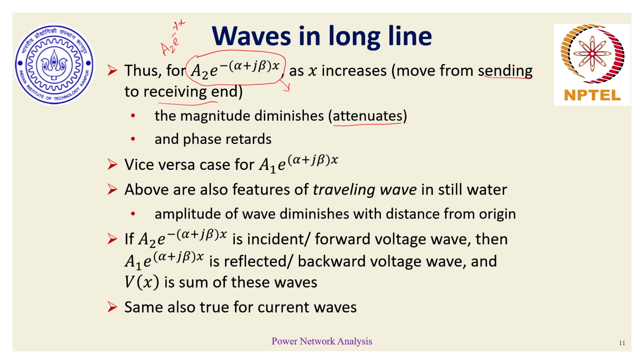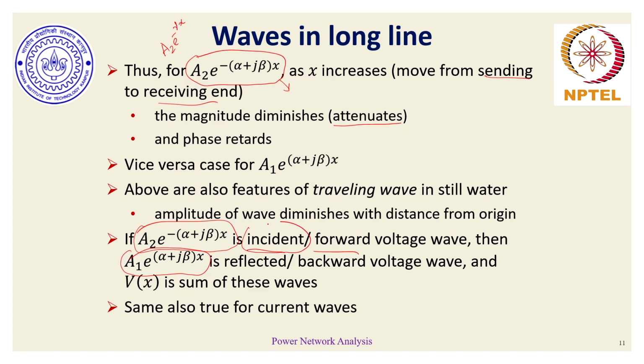So in a way, if the second term of v of x can be called the incident or the forward wave, then the first term of v of x can very well be called the reflected or the backward wave.